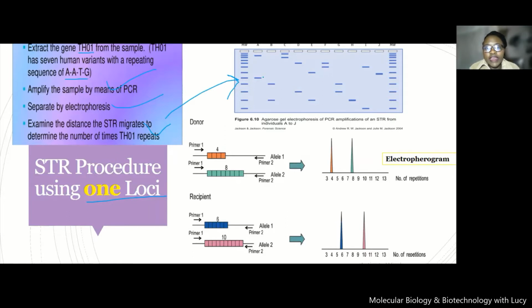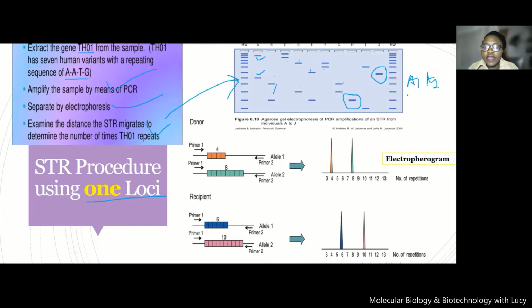Now, if you look at these samples, you have samples A to J. Of course, this is the molecular weight ladder. For sample A, we have 2 separations. For B, we have 2. This we have 2, this we have 2, this we have 1. Remember, these are alleles, the 2 alleles from each parent. Then 2, 2. Now, for this sample, I want you to note that it has 1, and this one also has 1. What that means is that we must have allele 1 and allele 2, one from the mother, one from the father.